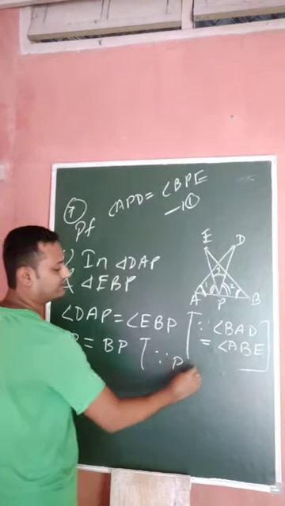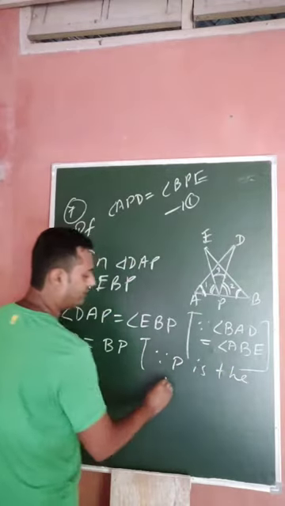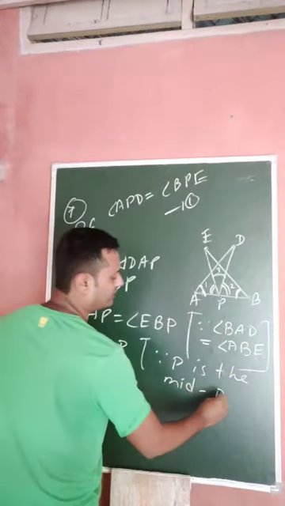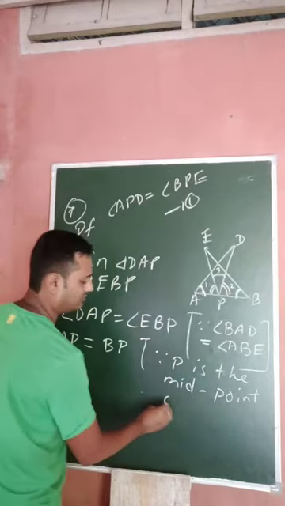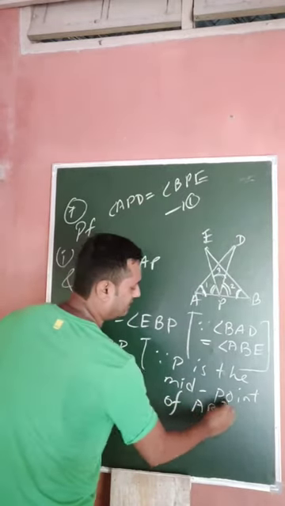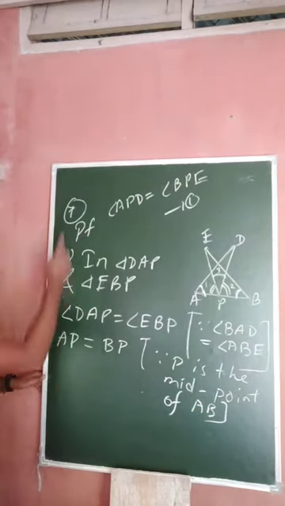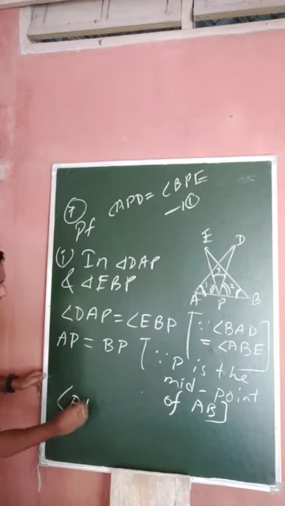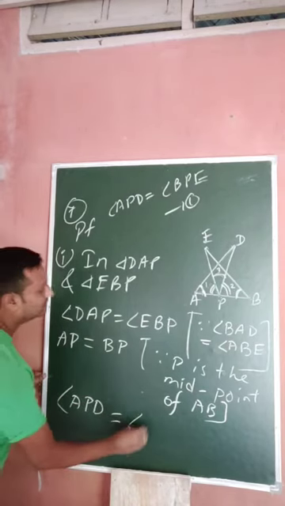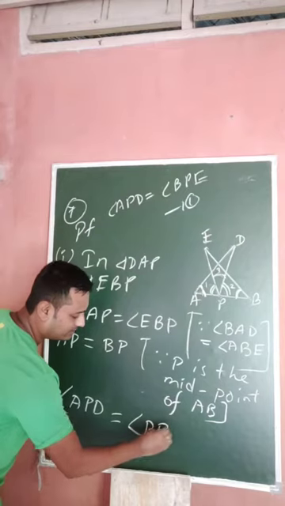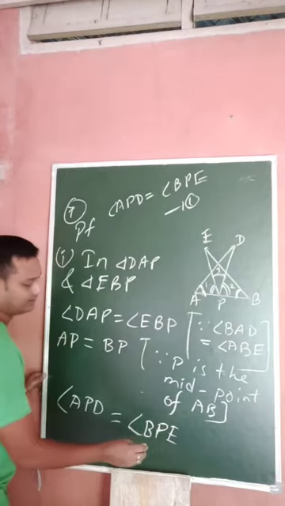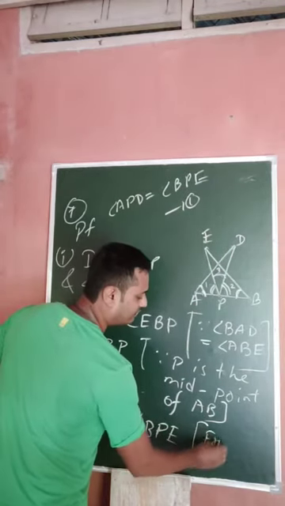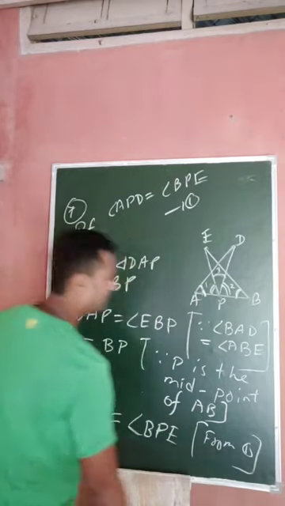Again, next, AP is equal to BP, since P is the midpoint of AB. Again, now write this one: angle APD is equal to angle BPE, within bracket from 1. Okay.